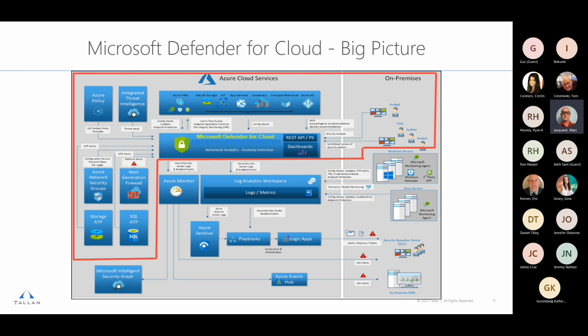That threat feed gets fed into the Defender for Cloud products so that they can look for whatever that indicator of compromise is. And it works across storage, app services, Azure VMs, all my containers, my compute resources.